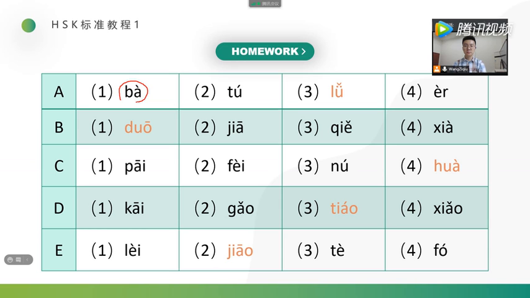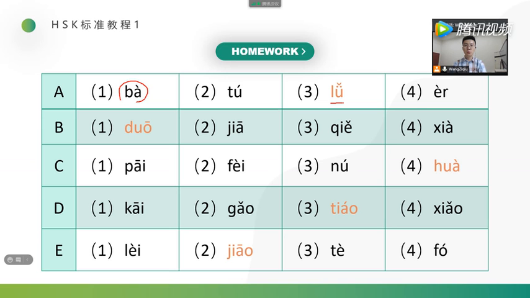图，图，履，履。This one is L and U. The tone is the third tone.